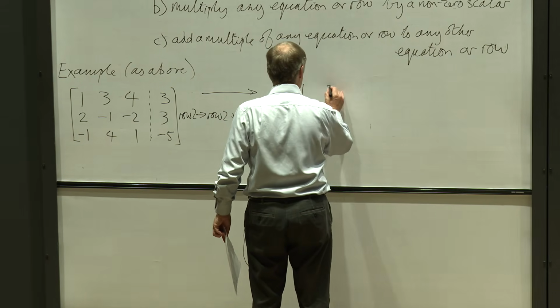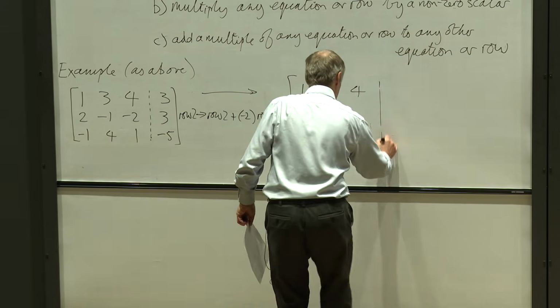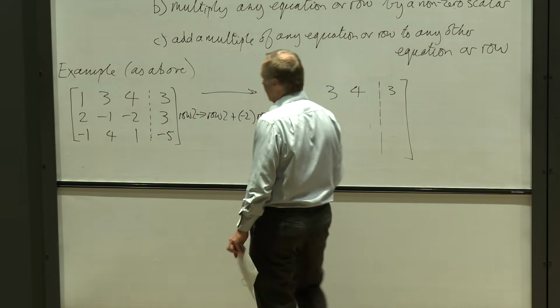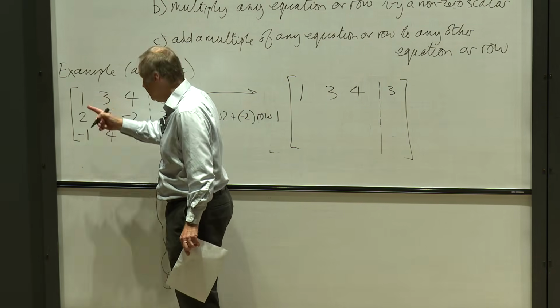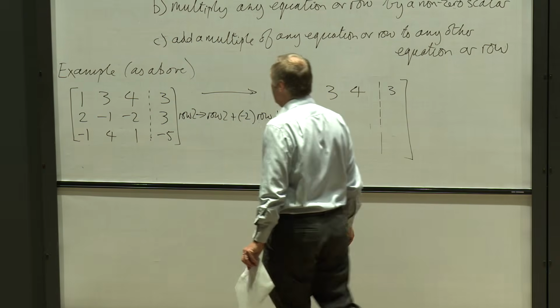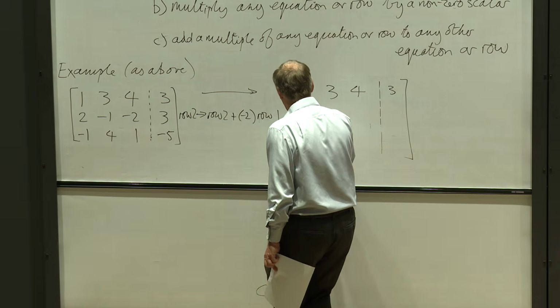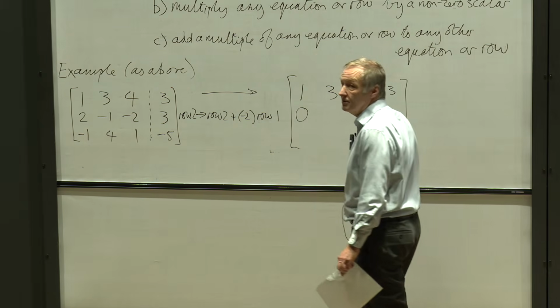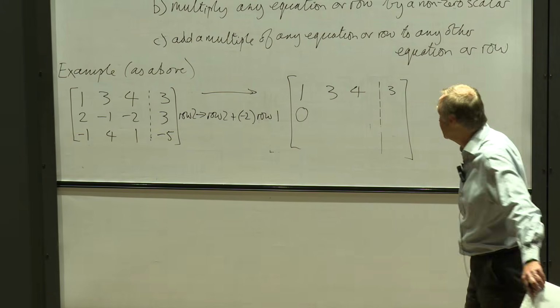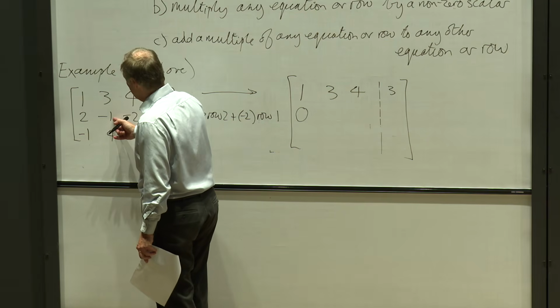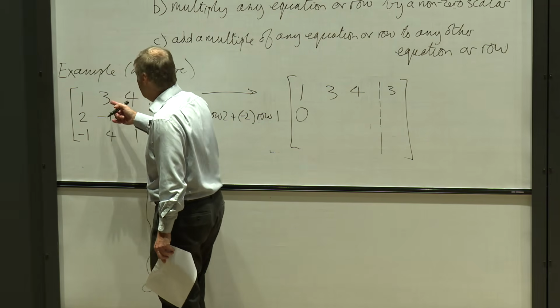So the first row stays the same. And now if I add minus 2 times the first row to the second row, I'm going to create a 0 there, aren't I? Because 2 plus minus 2 times 1 is 0. And then I've got to take minus 1 and add minus 2 times 3 to it.